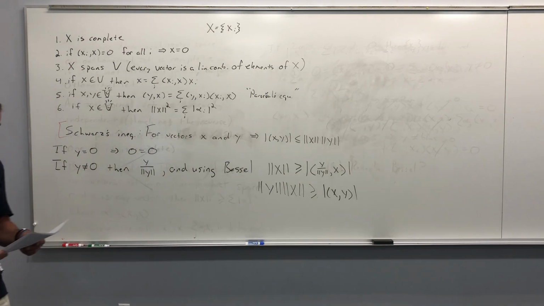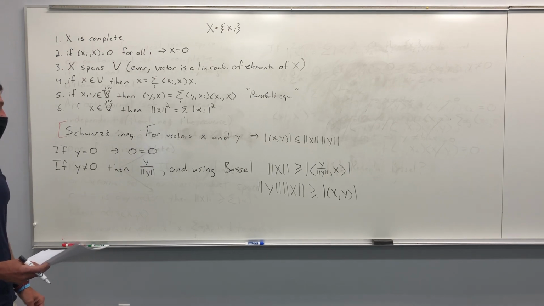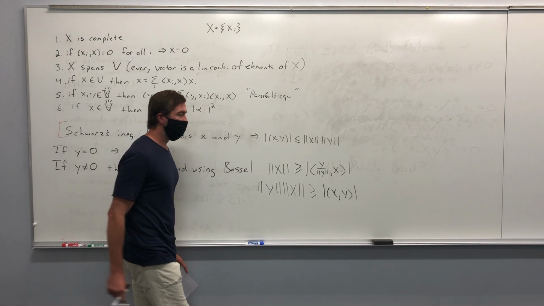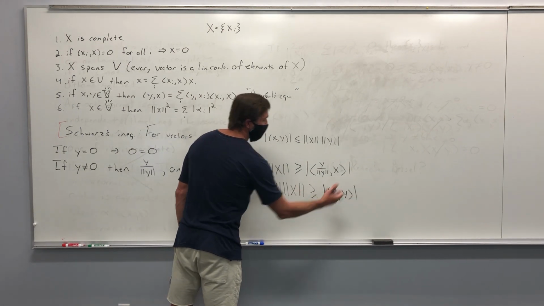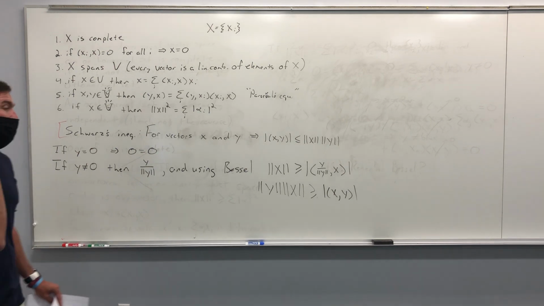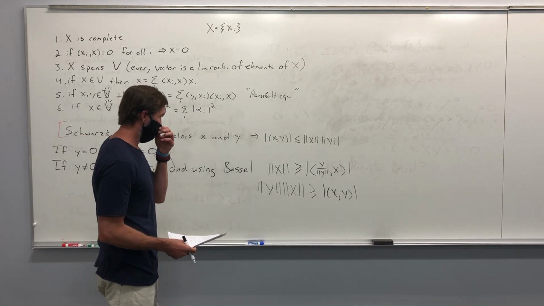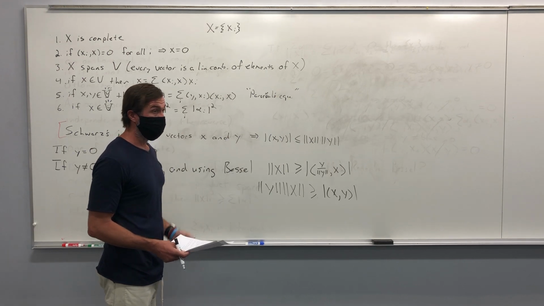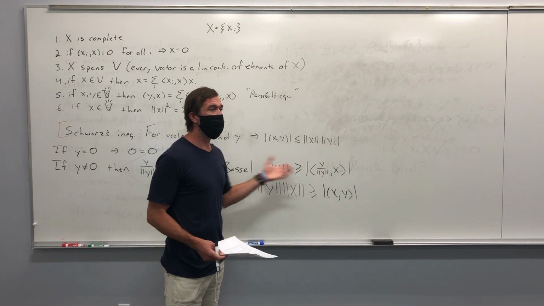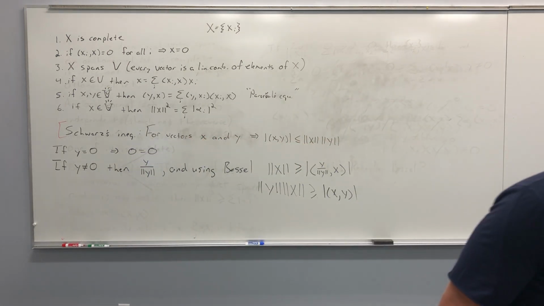These are the magnitudes, and they commute, so swapping y and x is fine. The magnitude of y is just a constant, so you can pull it out and move it to the other side.